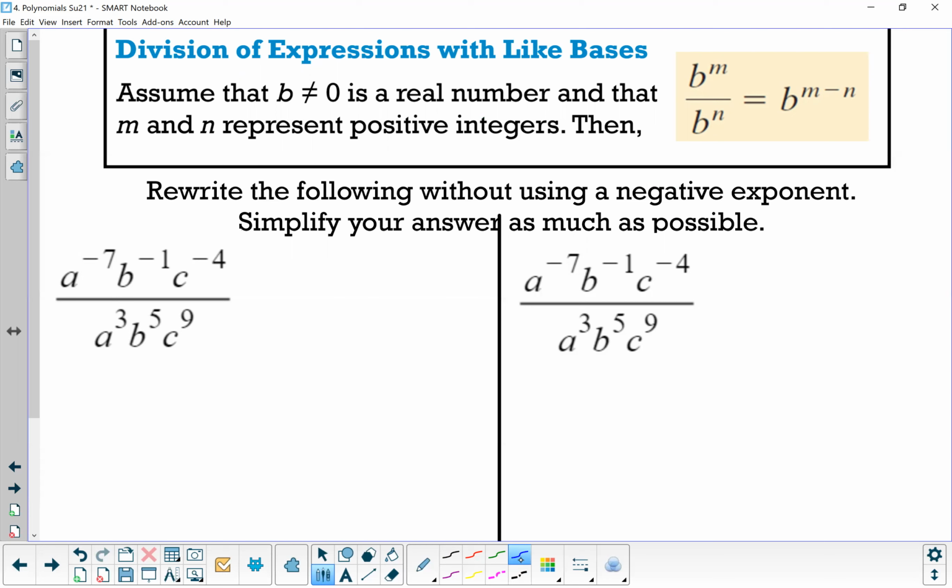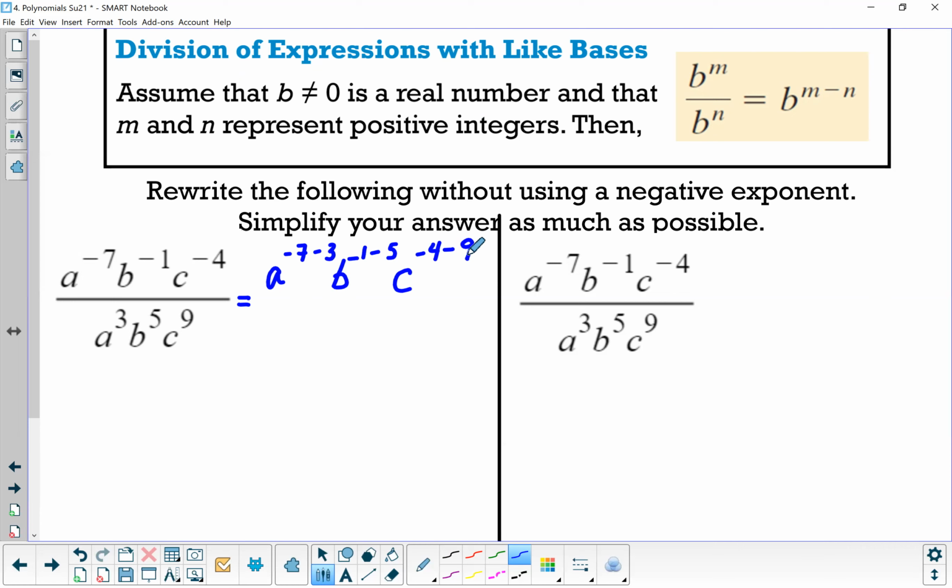So here, a to the negative 7 minus 3, and then multiply b to the negative 1 minus 5, and c to the negative 4 minus 9.